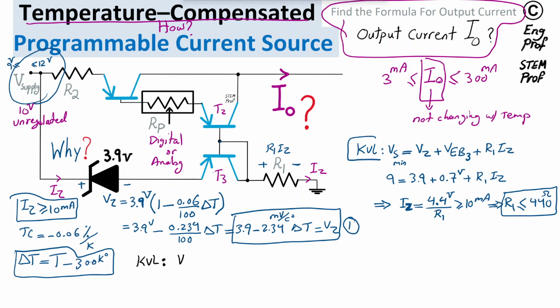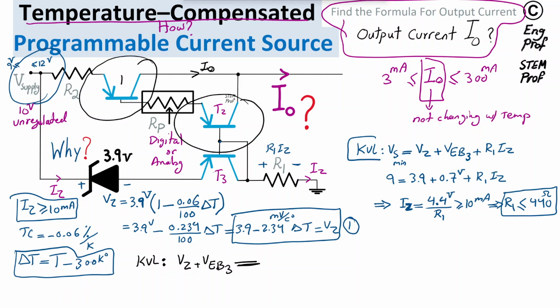So we get V Zener, this guy, plus the emitter base of transistor T3 should be equal to the R2 times I out, since this I out is effectively going through this branch because we have effectively a Darlington transistor pair between, say, T1 and T2.